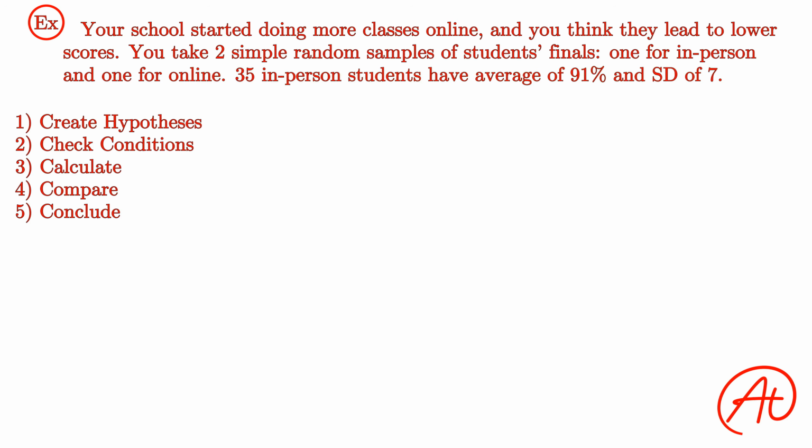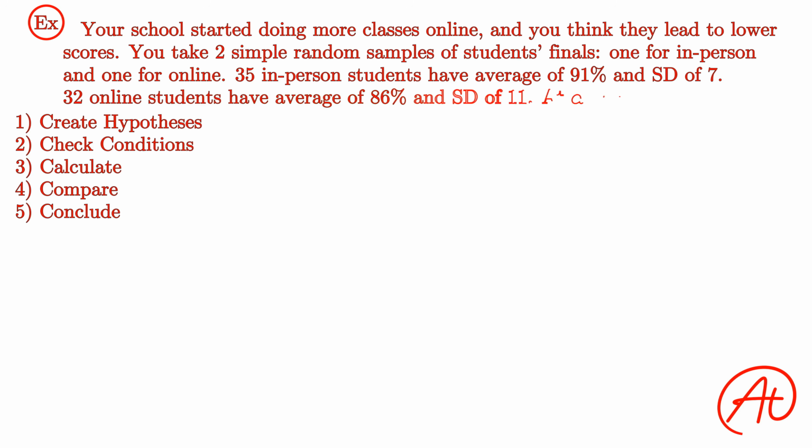You find that 35 students taking the course in person have an average score of 91%, with a sample standard deviation of 7 percentage points. And 32 students taking the course online have an average score of 86%, with a sample standard deviation of 11 percentage points. At an alpha value of 0.05, test your claim.